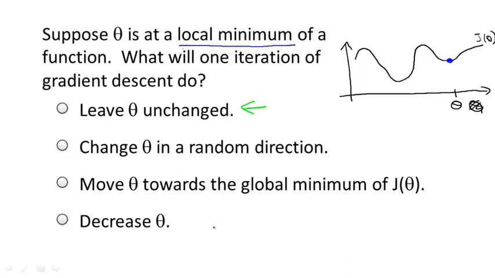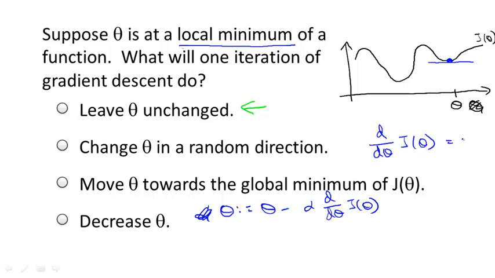And one way to explain that is, gradient descent updates theta as follows: theta minus alpha times d/d theta of J of theta. And if you're at a local minimum, then almost by definition, d/d theta of J of theta at the local minimum is going to be 0.